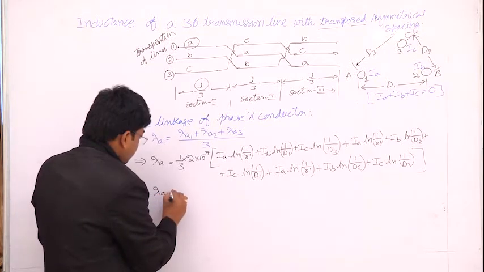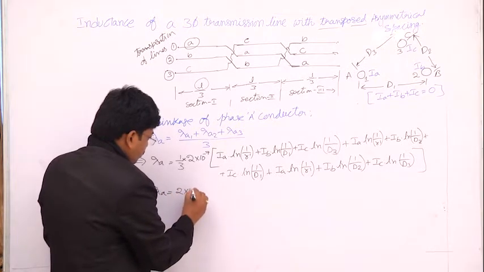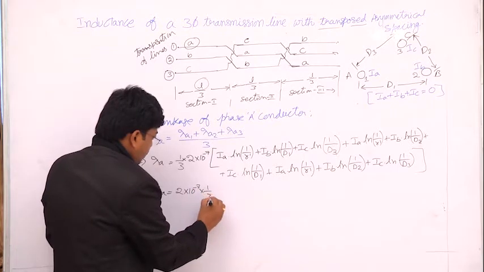Now if you observe this case, this is 2 into 10 power minus 7 into 1 by 3.